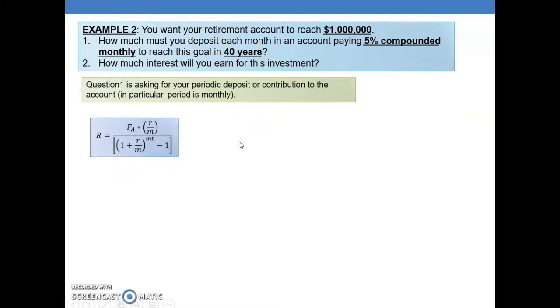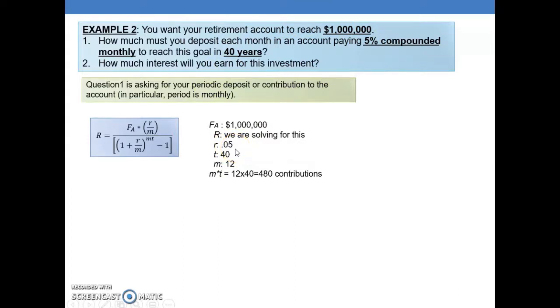And we know that the periodic payment is given by this formula. Based on what's given in the problem, your future value is $1 million. Your interest is 5%, so in decimal form, that's 0.05.